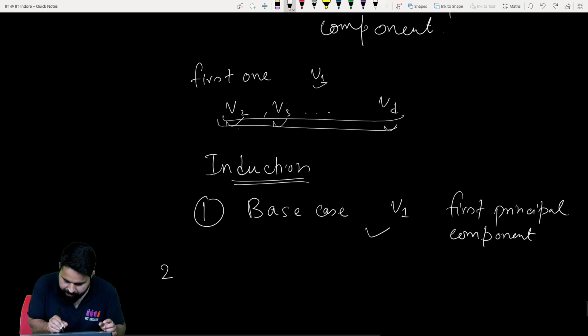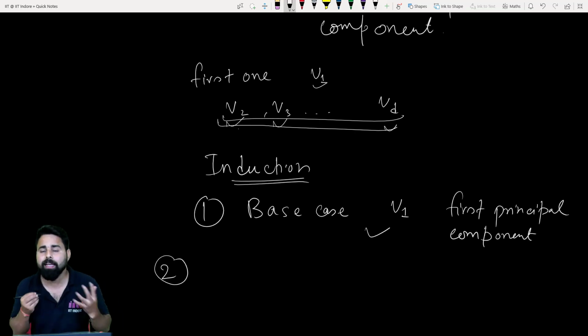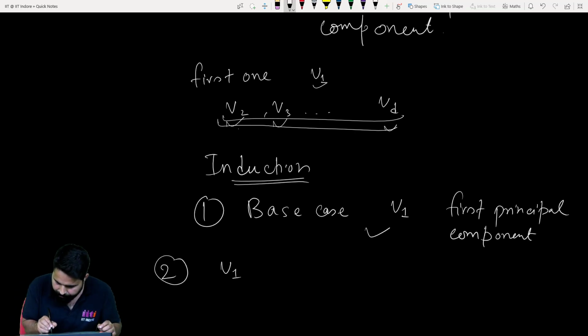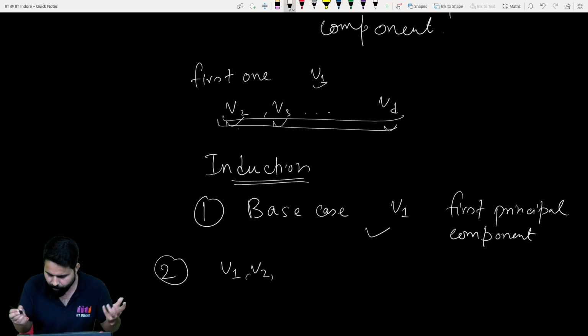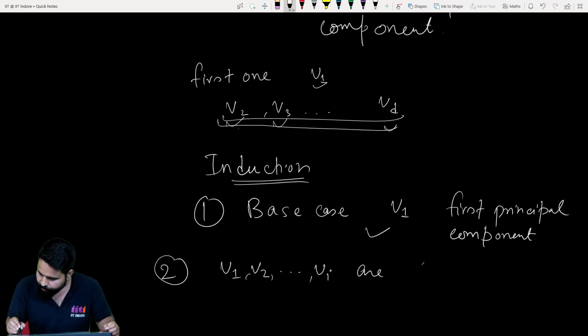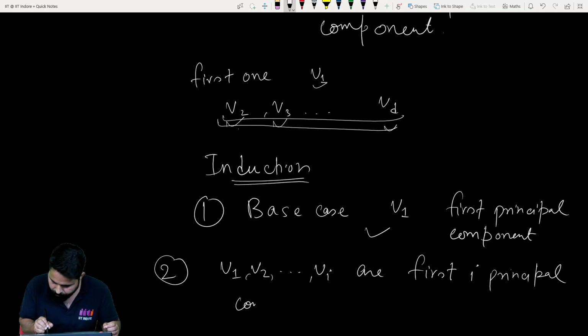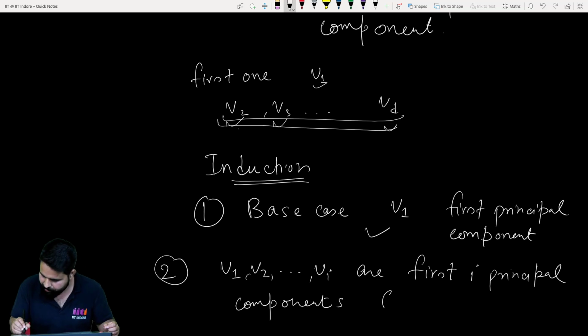Now the next step is my hypothesis. I will assume that V2 up to Vi, along with V1 which we have already seen, these eigenvectors are the first i principal components. So this is my hypothesis.